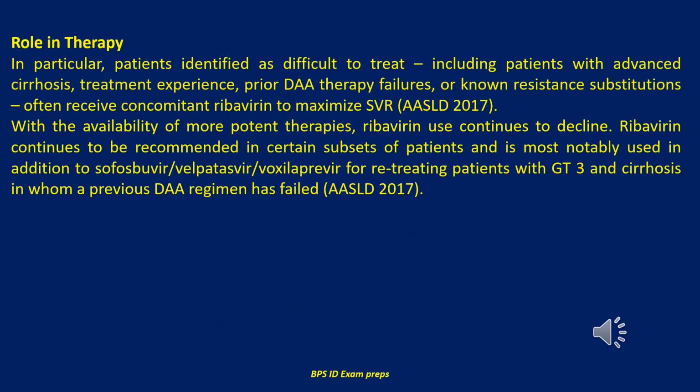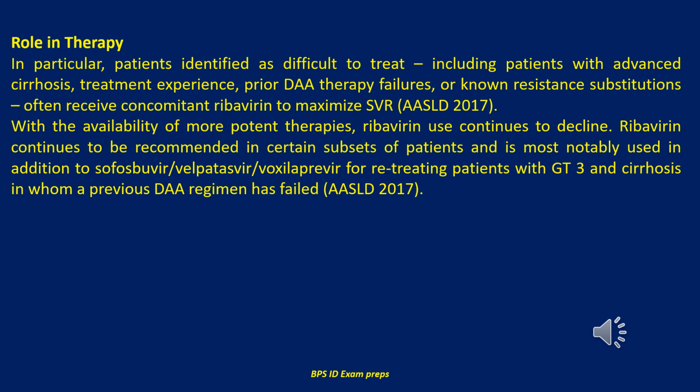Regarding its role in therapy, patients identified as difficult to treat, including patients with advanced cirrhosis, treatment experience, prior DAA therapy failures, or known resistance substitutions, often receive concomitant ribavirin to maximize SVR, according to AASLD 2017. With the availability of more potent therapies, ribavirin use continues to decline.